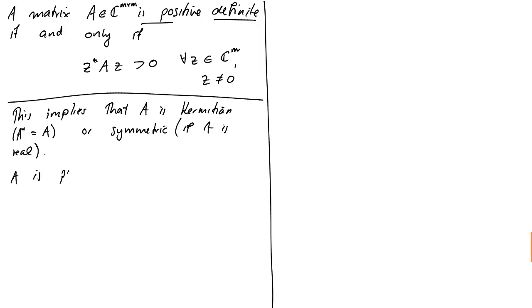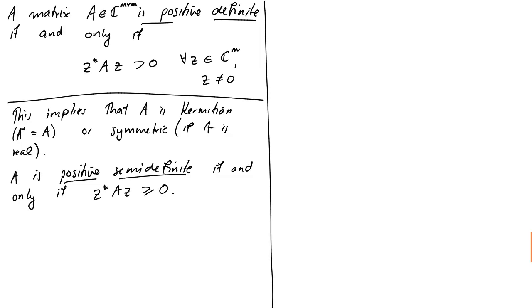And let's say we can also change our definition. If we allow that z star Az is greater than or equal to 0 instead of just greater than 0, then we say A is positive semi-definite. Okay, so it's not quite as strong a definition, if and only if z star Az is greater than or equal to 0.